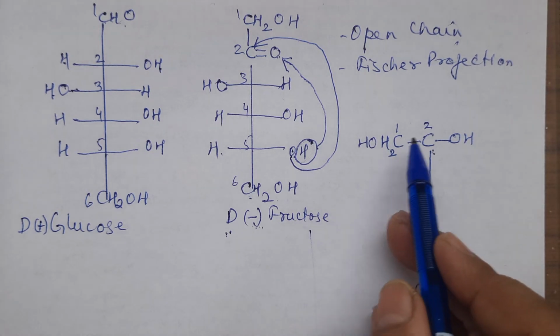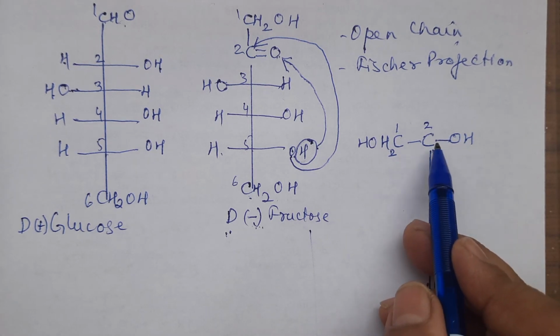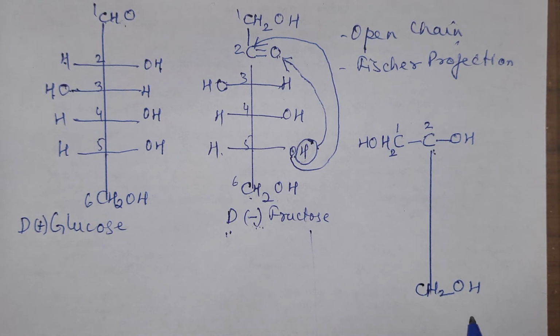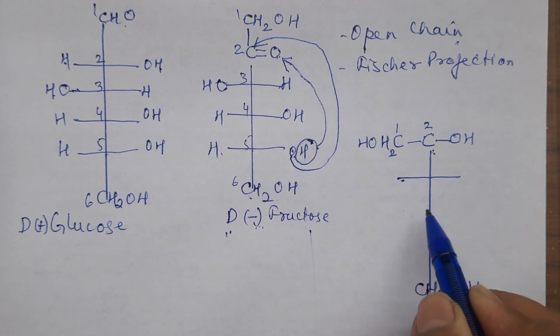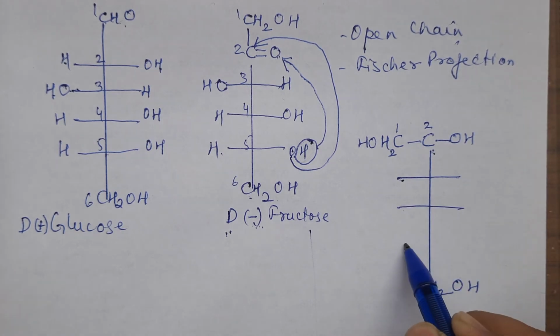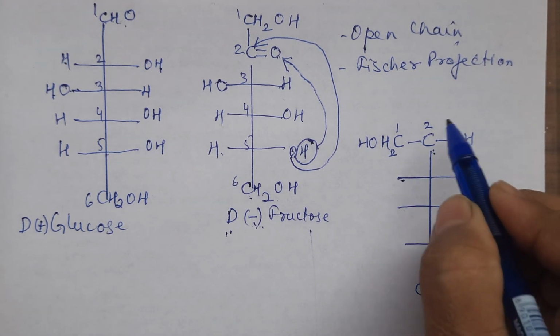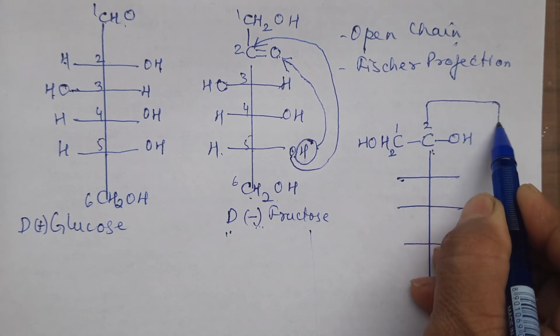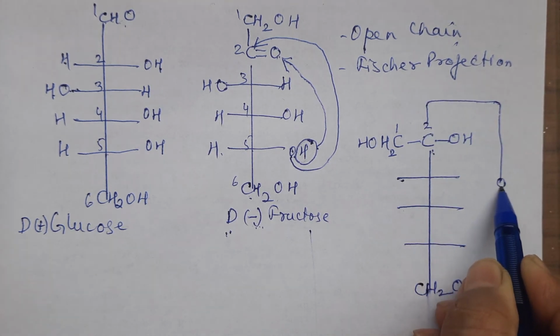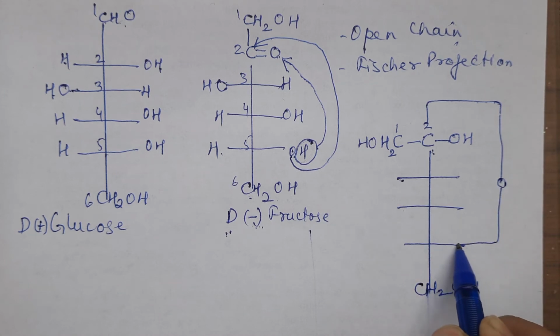So now 2 carbon atoms are already shown here, and 1 carbon atom means 3 more. So 3 lines I am going to show here. Fourth carbon atom and fifth carbon atom I will attach to the second carbon atom from the top with the oxygen here. Right?